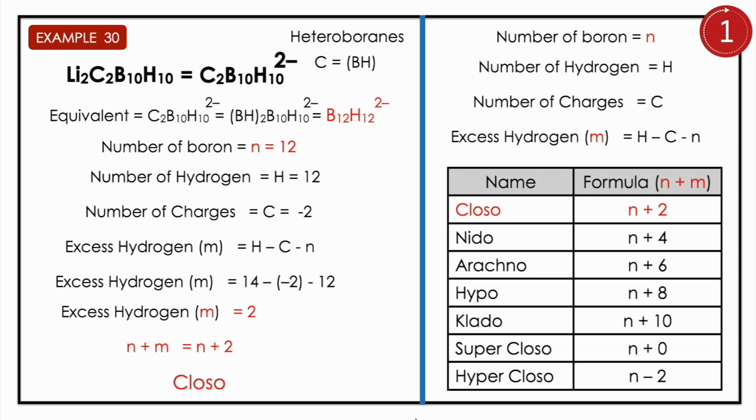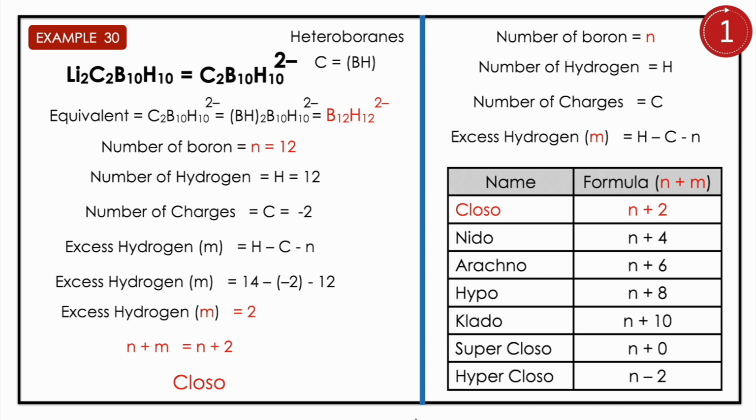We can apply Wade's rule here. The first step is counting the boron. Here 12 borons, so N equals 12. Then hydrogen, H equals 12. Then the charge, which is minus 2, so C is minus 2.